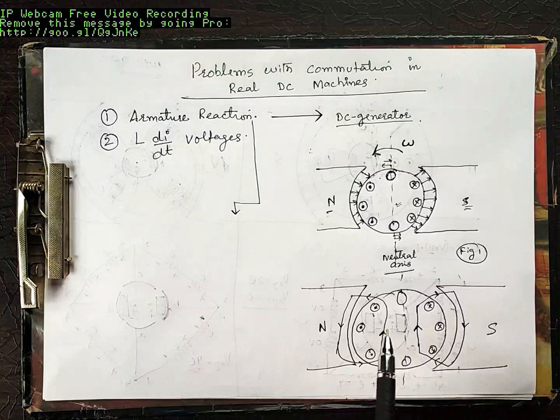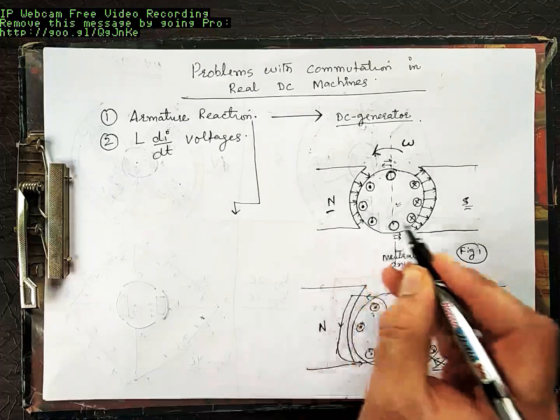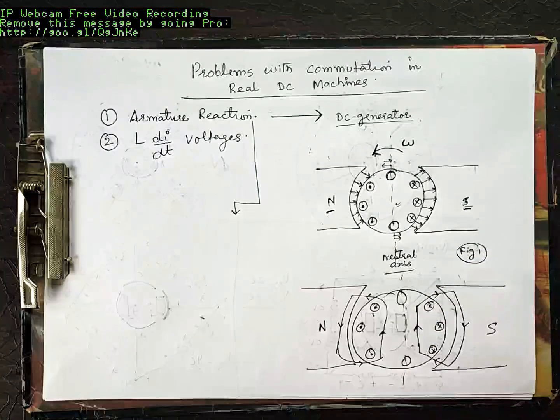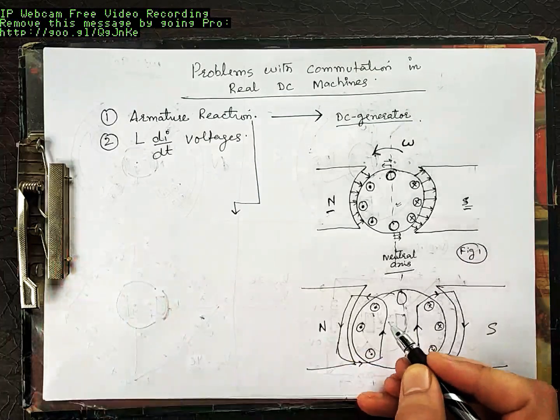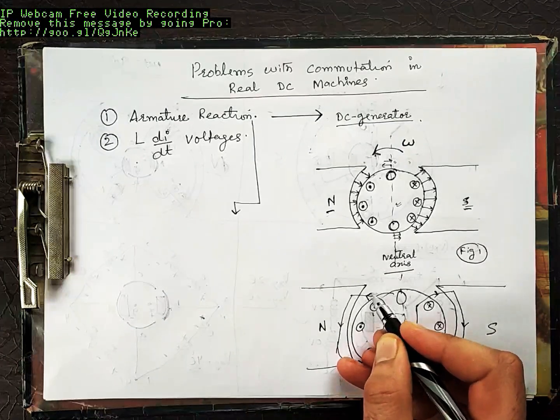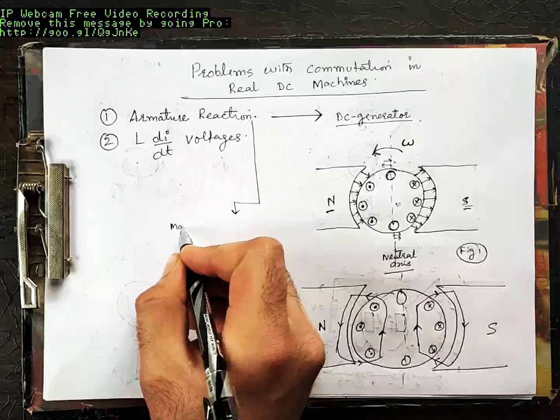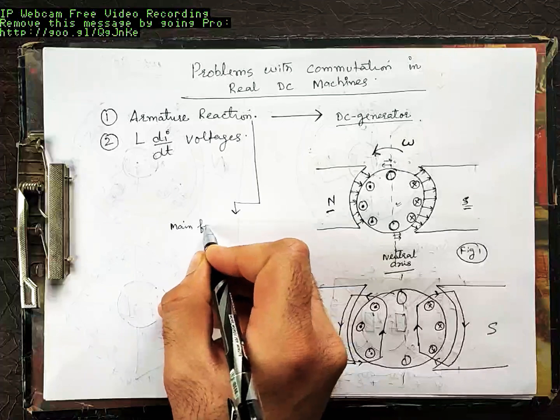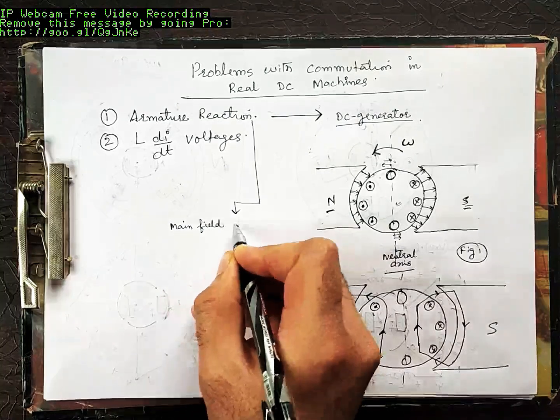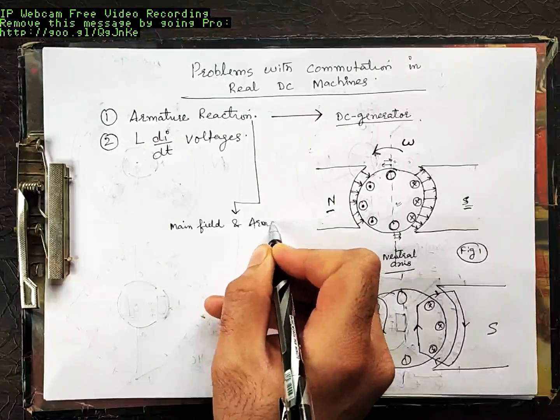Now we have two magnetic fields. One was the main field which was being produced by this north and south pole, what you called as stator field. Now you have another field because of the armature, what you call as armature field. You have the main field and you have now the armature field.